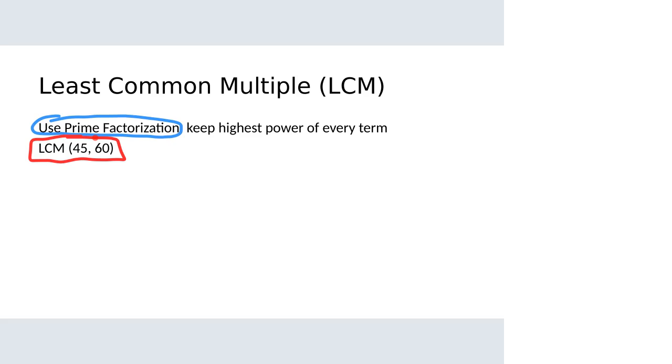Now what we're looking for is the least common multiple, the smallest number that 45 will go into, that 60 will also go into. It can be handy for finding a lowest common denominator, but I don't know, lowest common denominator is a little bit overrated. Any common denominator will do.